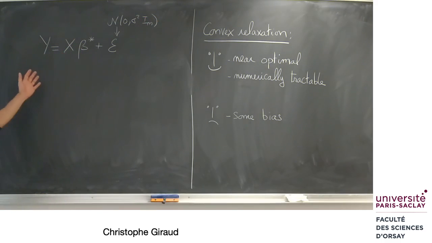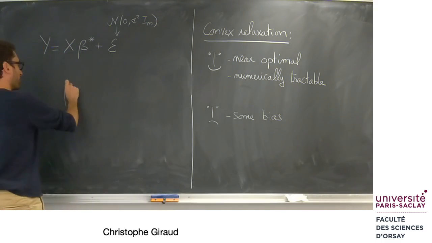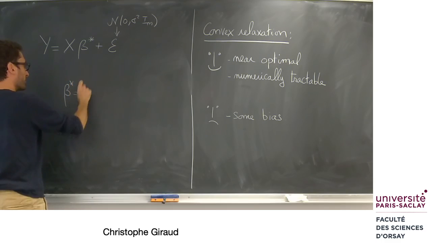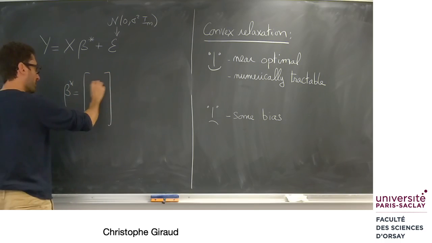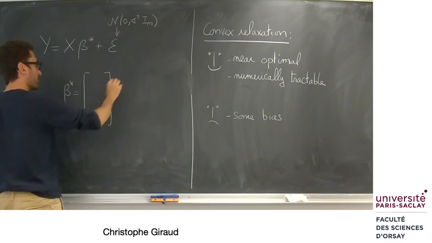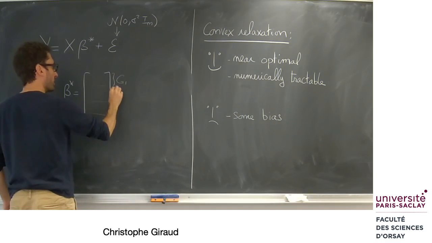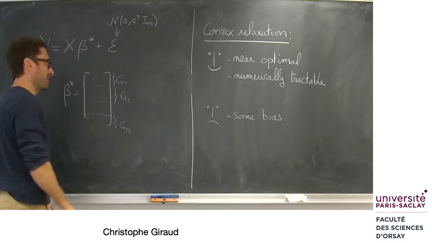And in the group sparse setting, we know that there are some groups, so the groups are known. So there are some groups of variables like this. This will be group 1, this will be group 2, so they may not be adjacent, but it's easier for the drawing to make them adjacent.